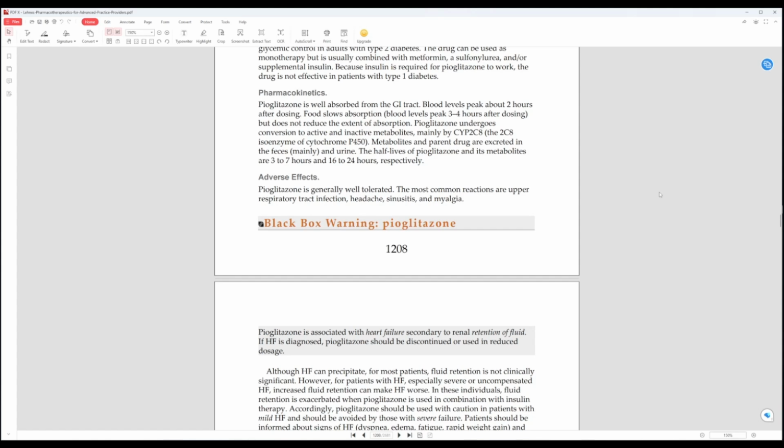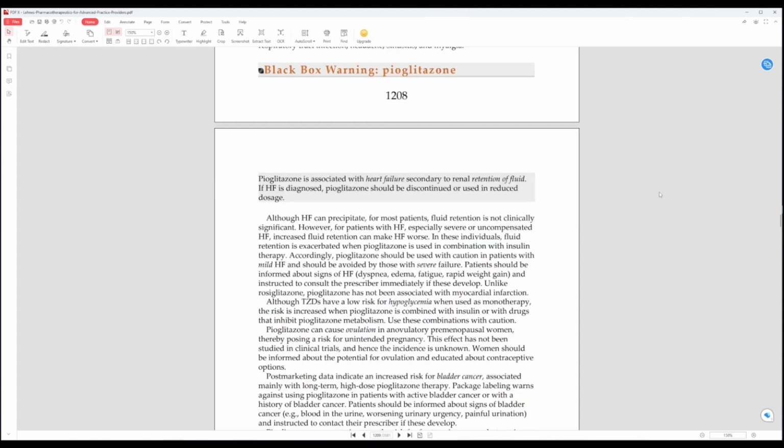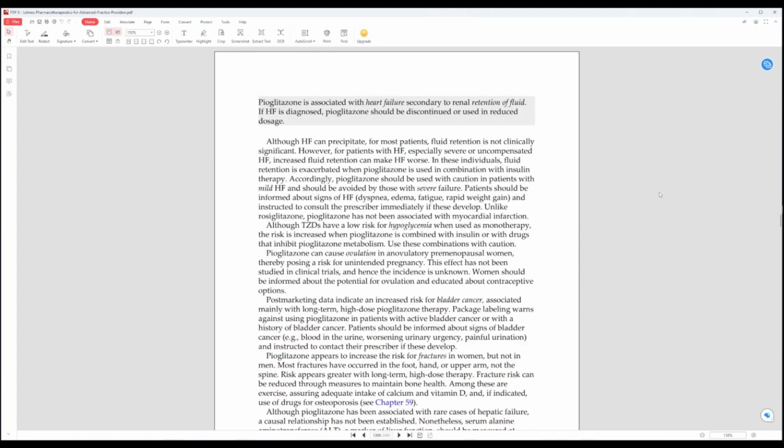Adverse effects. Pioglitazone is generally well tolerated. The most common reactions are upper respiratory tract infection, headache, sinusitis, and myalgia. However, like most drugs, it has a black box warning. Pioglitazone is associated with heart failure, secondary to renal retention of fluid. If heart failure is diagnosed, this medication should be discontinued or used in a reduced dosage.